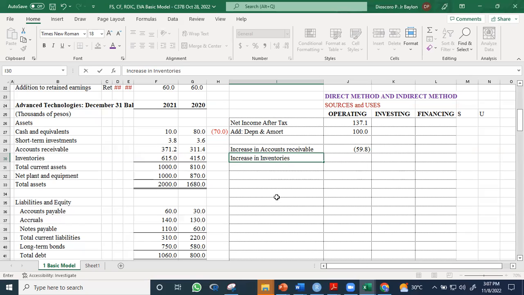So inventories increased, right? That means they will be converted into finished goods and then into cash, because they will be sold. So again, OIF, SOU: will this fall under operating, investing, or financing, and will it be a source of cash or a use of cash? Remember, when inventories increase, they get converted into finished goods to be sold. Okay, your answer please.